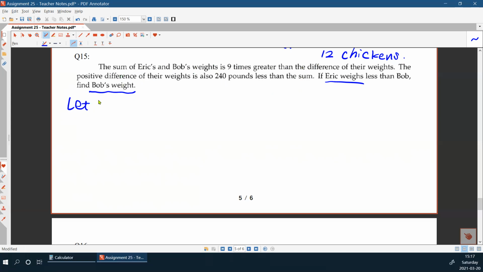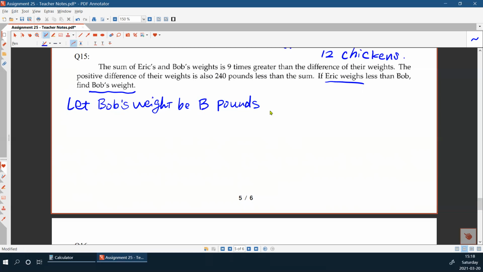So first of all, let Bob's weight be B pounds. Okay, B for Bob. So how about uppercase? You can use either uppercase or lowercase. That does not matter.